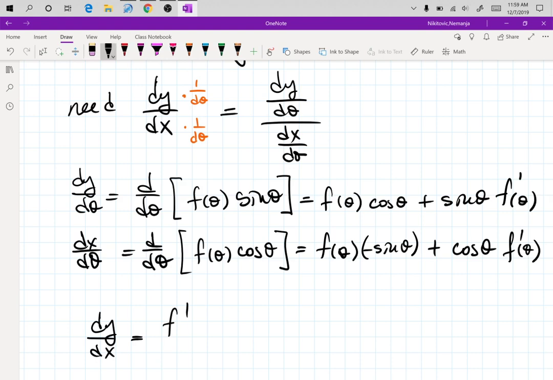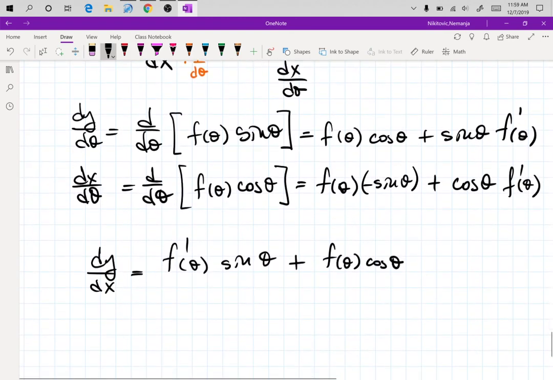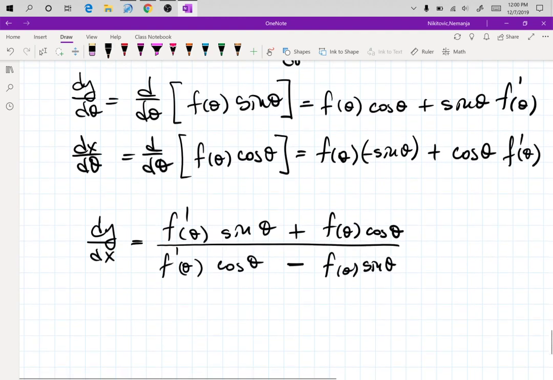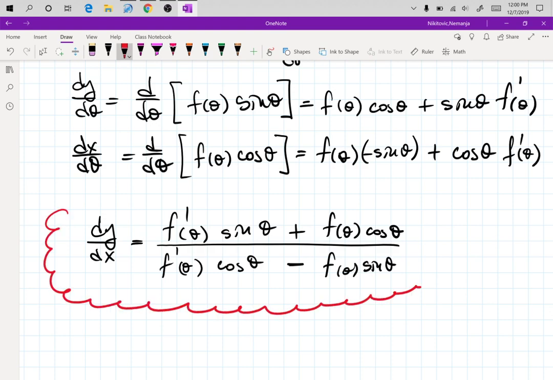So it's going to be f prime of theta sine theta plus f of theta cosine theta divided by f prime of theta cosine theta minus f of theta sine theta. This is your formula for the derivative.